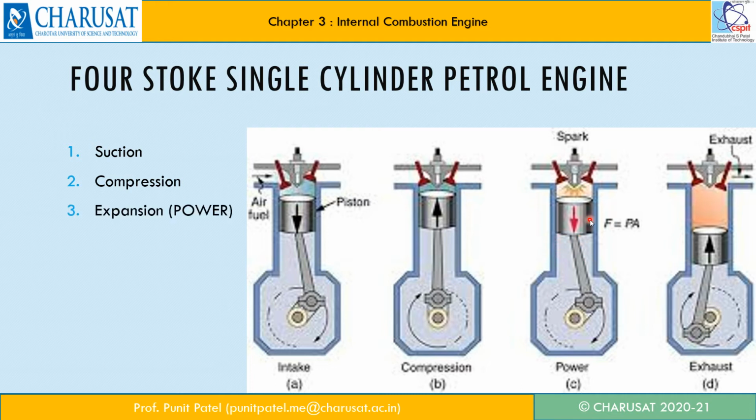In the last, the exhaust stroke, this particular chamber is filled with smoke. The piston moves from bottom dead center to the top dead center, the exhaust valve opens, the inlet valve closes, and the smoke can go outside. When the piston reaches the top dead center, the crank completes half a revolution.